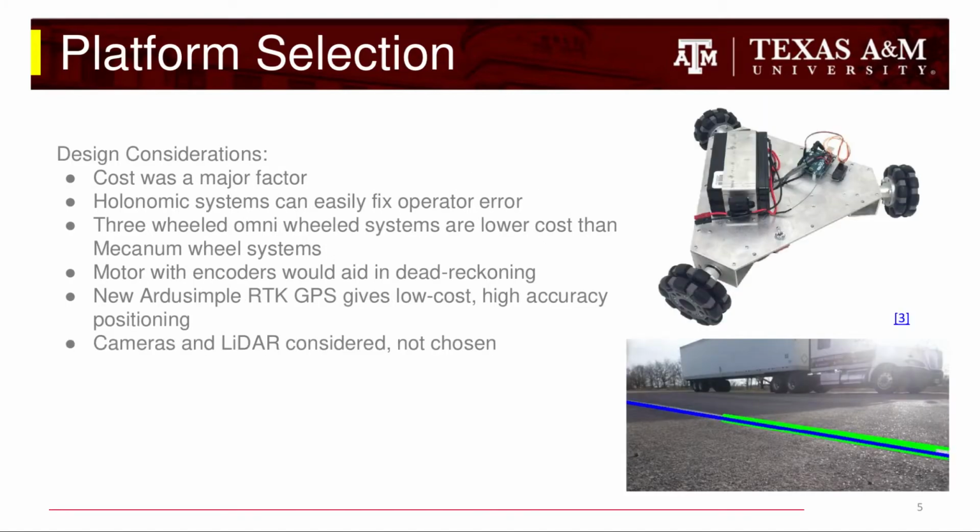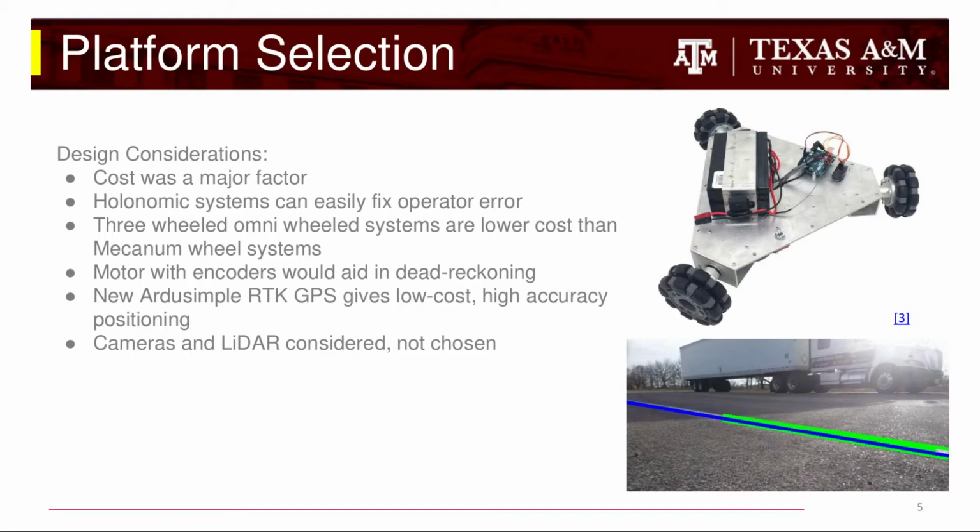In selecting a platform for the system, there were many different design considerations. Cost was a major factor and led to many of our design selections. We wanted the system to be holonomic to allow the system to move in any direction. This makes operator initialization error easily correctable, while also giving the robot more adaptability in its motion.